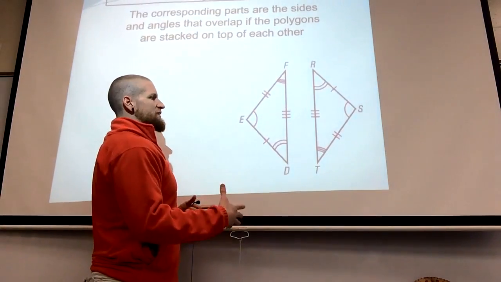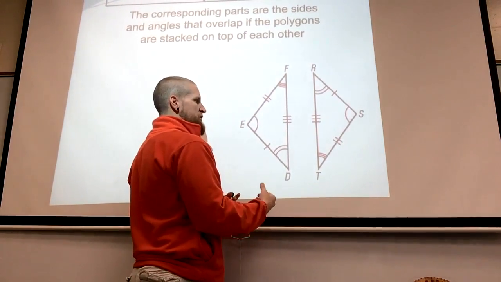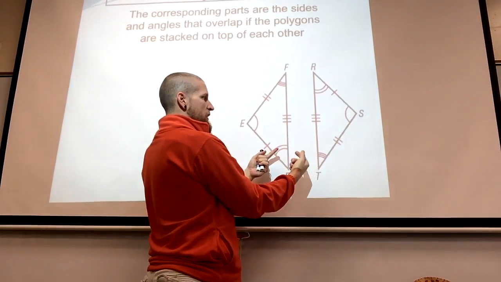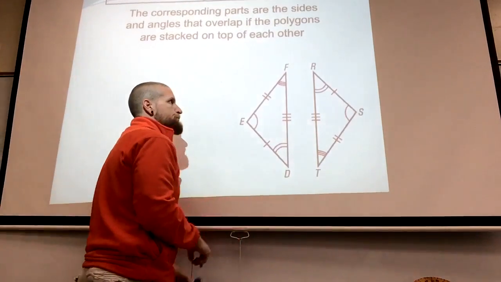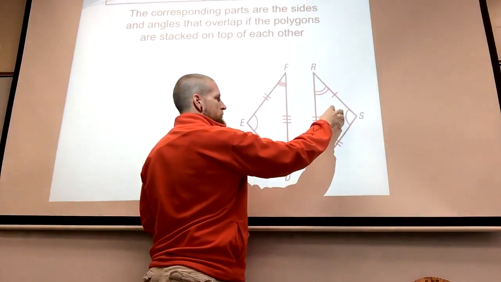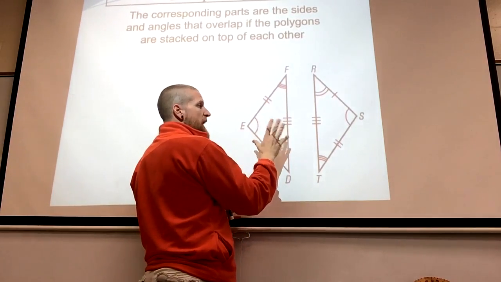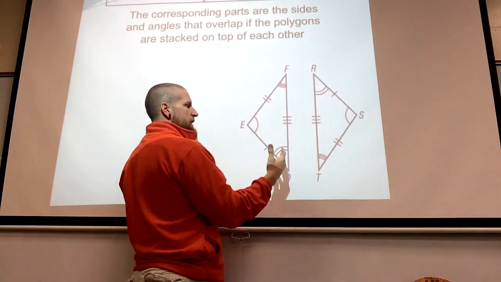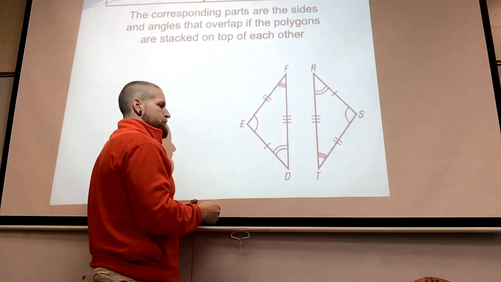If the pictures are nicely marked for you like these two are, you would simply just go through and match up the things that have the same congruency, like the same number of dashes or arcs on them. But really what it comes down to is if I took this triangle and stacked it on top of this one, so that it looked like the parts were the same length, then the parts that are sitting on top of each other would be your corresponding parts.